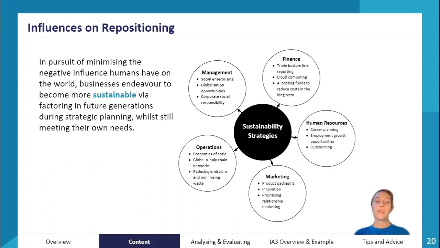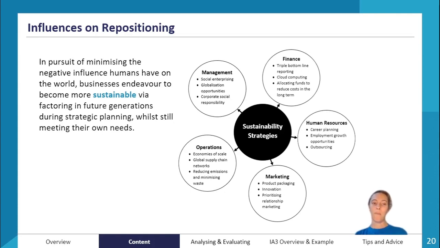So influences on repositioning, we've got plenty of these. One thing we can think about here is sustainability. Lots of businesses are going to pursue minimizing the negative impacts that humans have on the world. We see that more and more these days, with sustainability always at the forefront of business news.